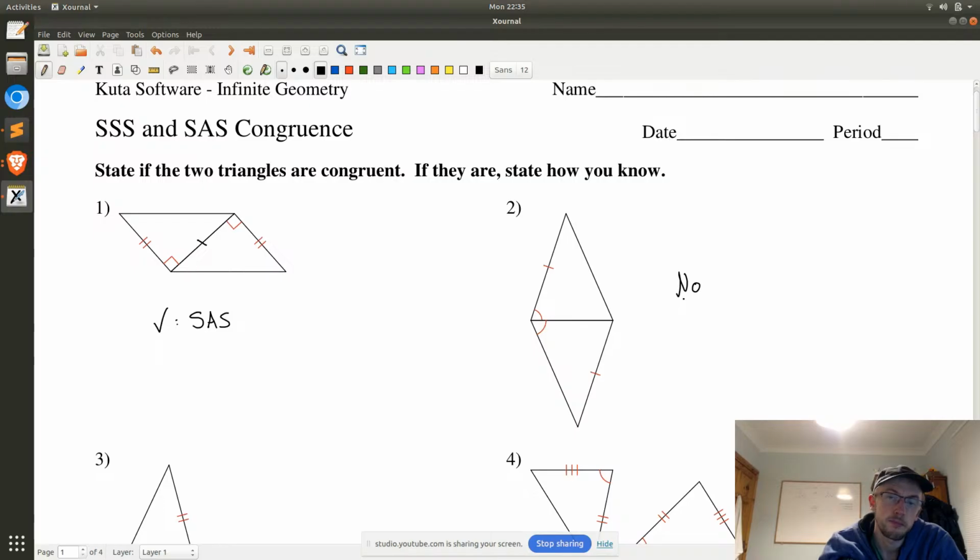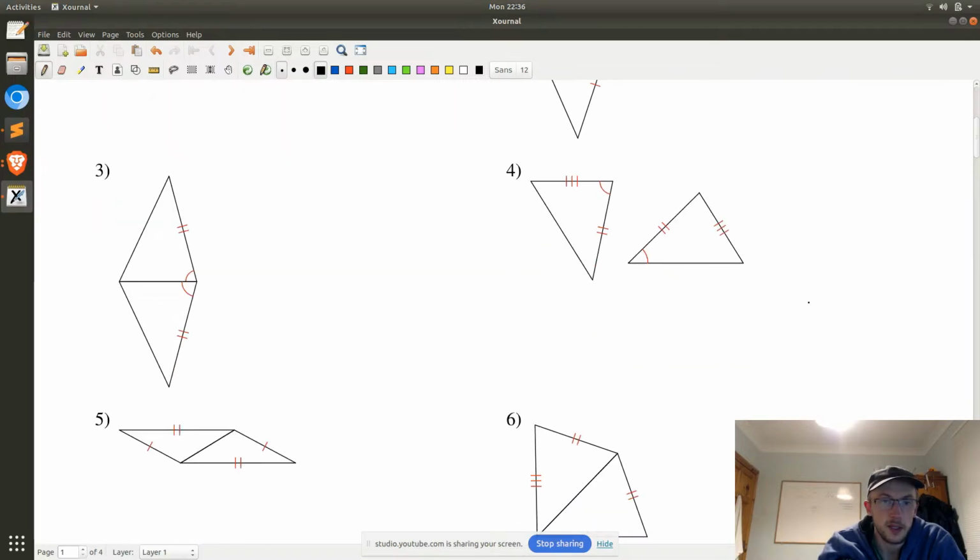No. There's no theorem which states that these would be equal. And I must check. All right, so that's correct for these two.